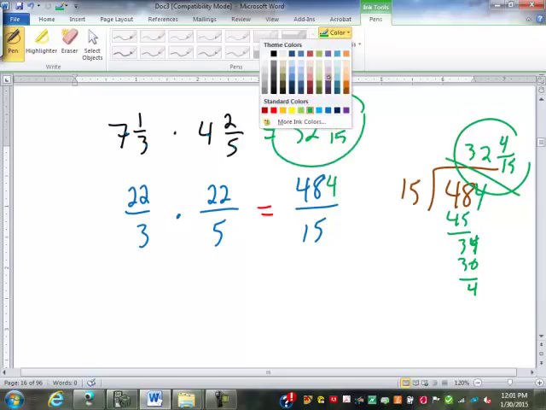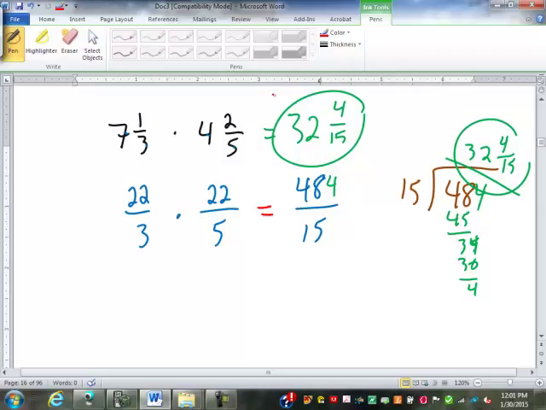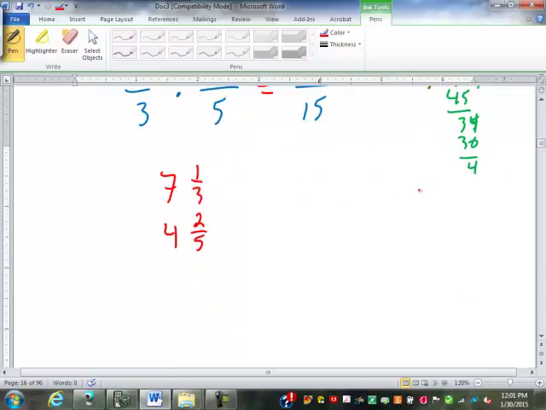Now, just to settle any curiosities, I'm going to show you how you would multiply these as mixed numbers. You don't need to put this in your notes. I will never test you on it, but it's kind of interesting to know. When you look at multiplying those as mixed numbers, it's kind of like doing 32 times 53. When you do this, you have to do 3 times 2 and 3 times 3, and then 5 times 2 and 5 times 3.